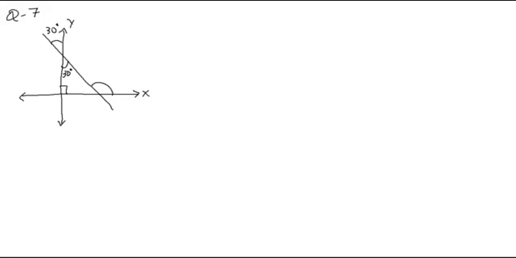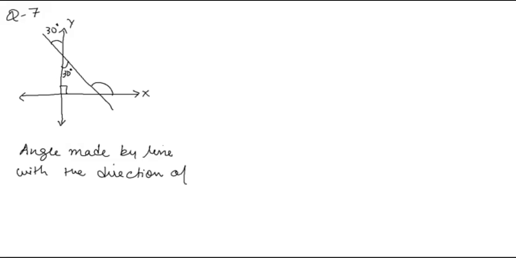So, in this triangle, this is your exterior angle, and you know that exterior angle is a summation of two opposite interior angles. So, the angle made by a line with positive direction of x-axis will be theta is equal to, as this is your exterior angle of this triangle, it will be the summation of two opposite interior angles, right?